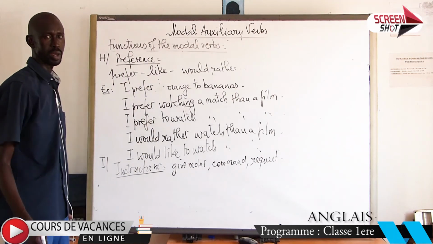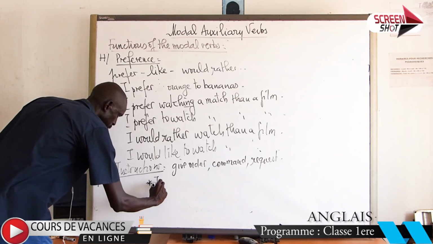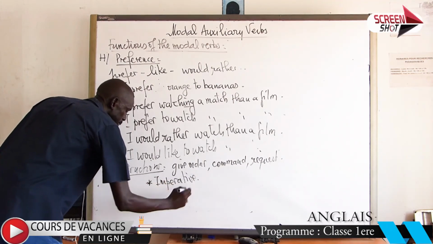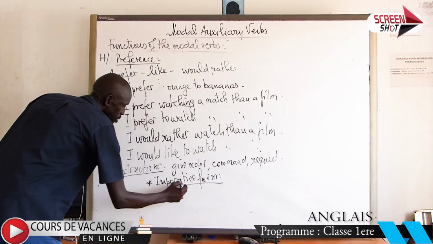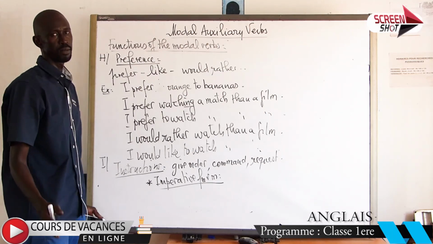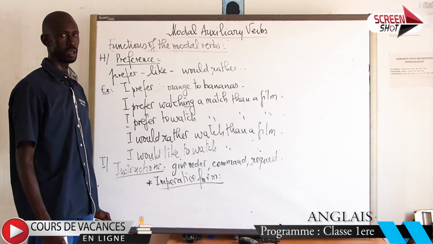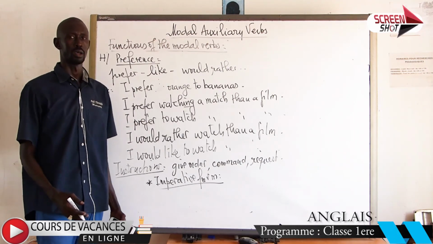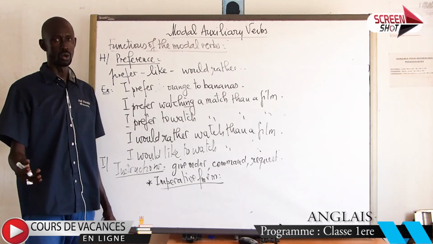And to express it, we use the imperative form. The imperative form is the verb without to, and without the subject. Go out. Stop talking. Learn your lesson. Do your exercise.